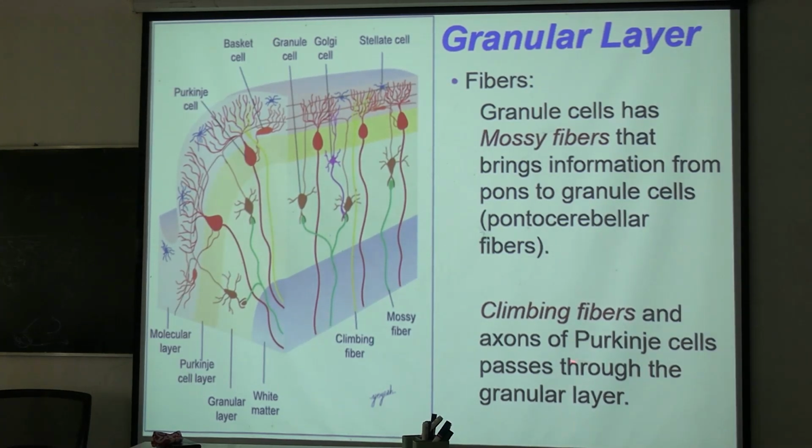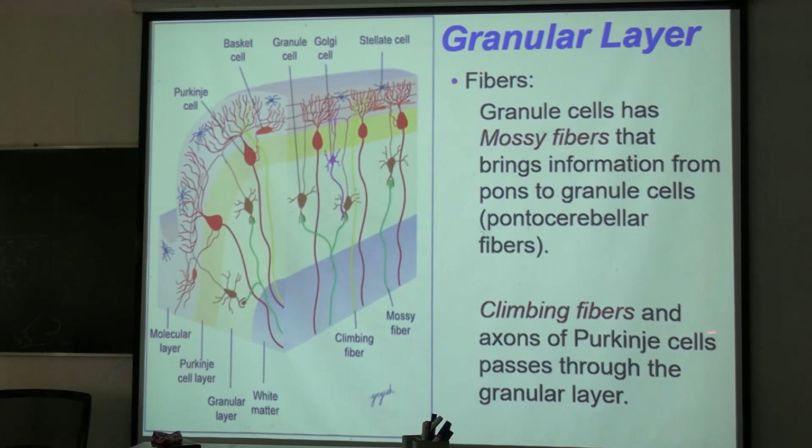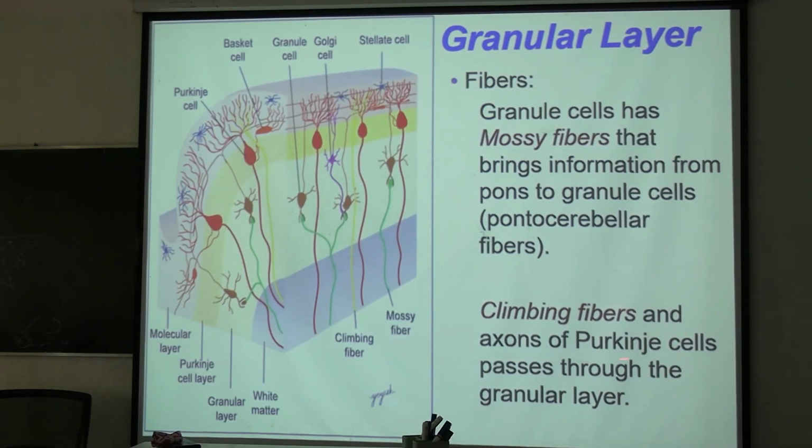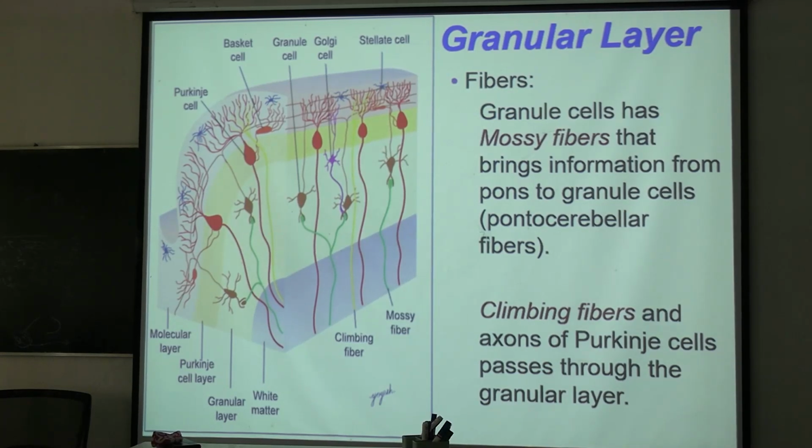And there are climbing fibers, the yellow one, reaching up to the molecular layer. The climbing fibers and axons of the Purkinje cells pass through the granular layer. So these are the fibers of this layer.